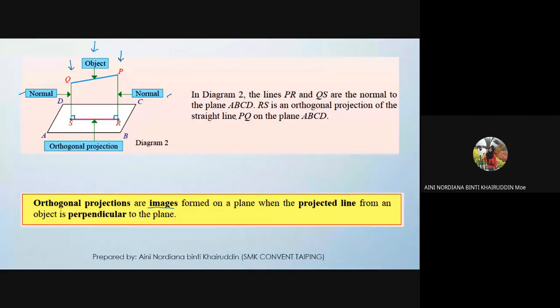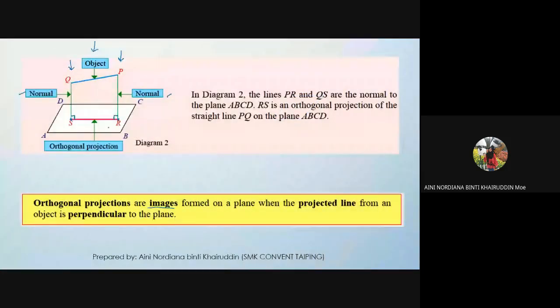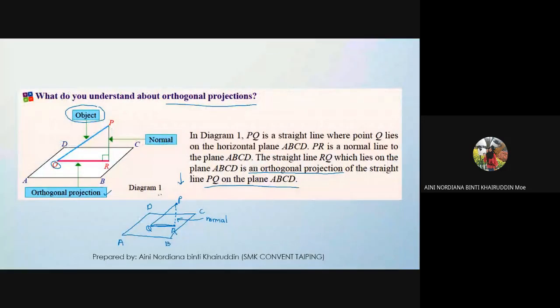Okey, contoh. Okay, in diagram 1 and 2, we have identified the orthogonal projection for the line. Yang tadi tu. Diagram 1 and 2 yang ni. This one diagram 2. This is diagram 1. Okay.